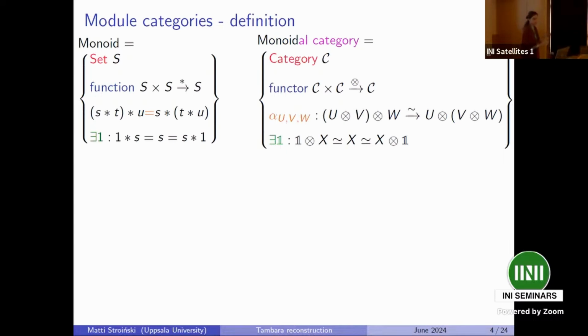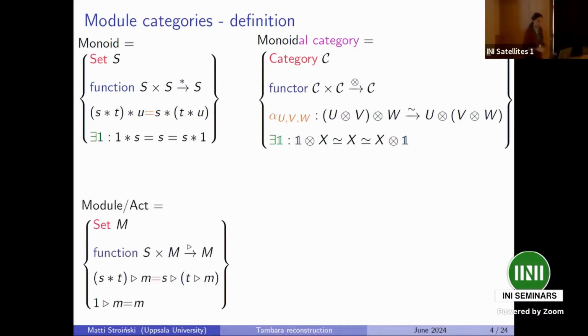A monoid is a set together with a function giving a multiplication, which is associative and unital. For a monoidal category, I replace my set with a category, my function with a functor, my associativity condition with explicit associator isomorphisms, and there should also be a unit. I'd like to emphasize that unitality, also in the case of a monoidal category, is a property and not structure. So, okay, what's a module category?